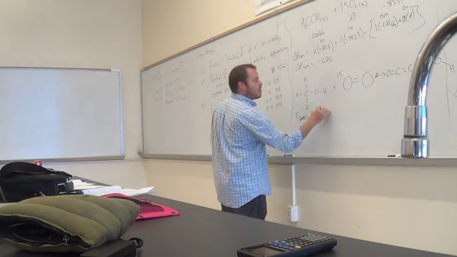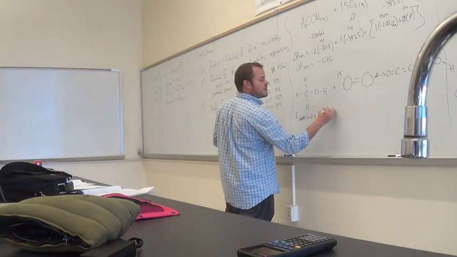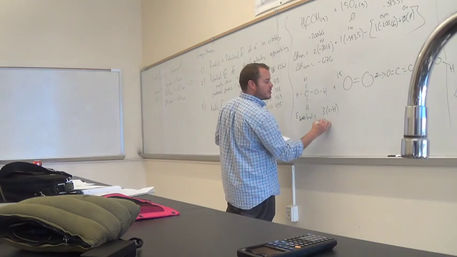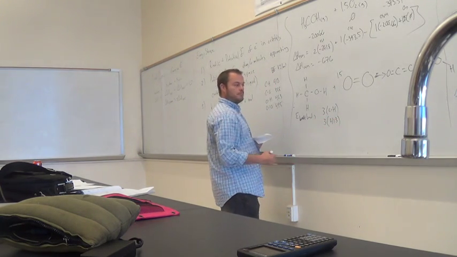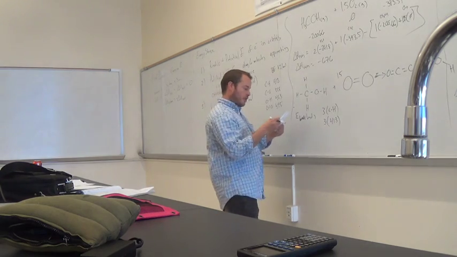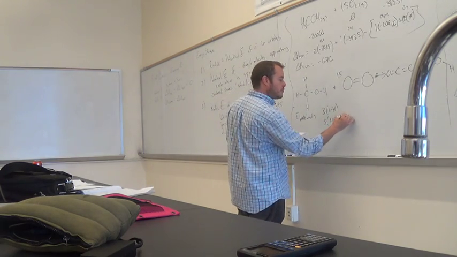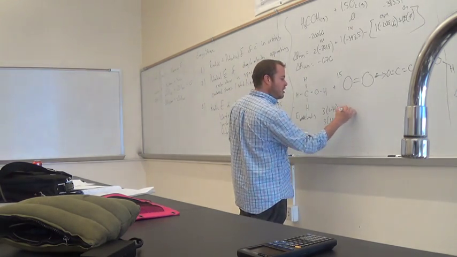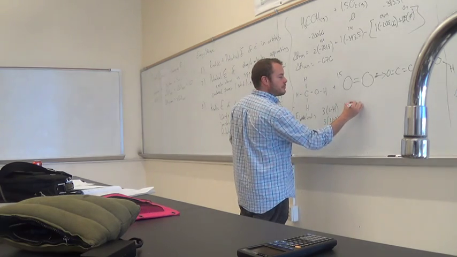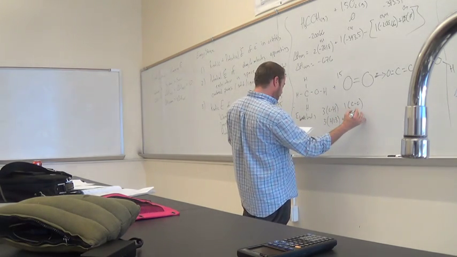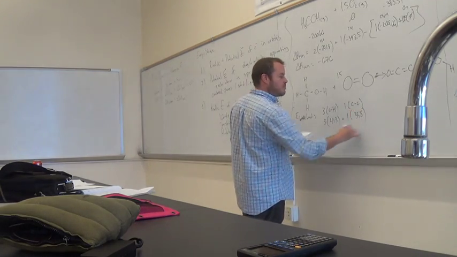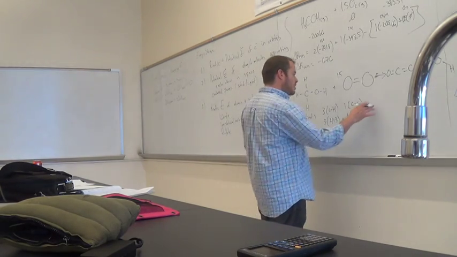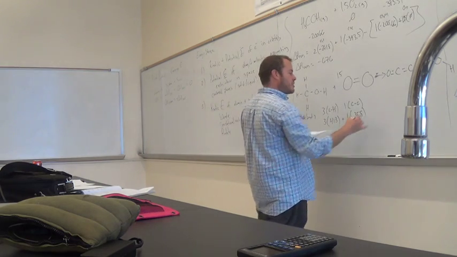We've got 3 CH bonds, so that's 3 times 413 kilojoules per mole. We have 1 carbon-oxygen bond. That guy is going to be 358 kilojoules per mole. 1 carbon-oxygen bond has to be broken.